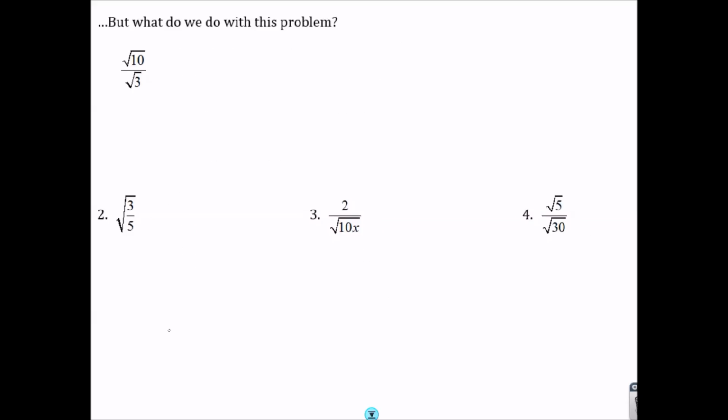But what about this problem here? We have square root of 10 divided by square root of 3. If we try to divide them, we end up with a decimal, which we just said we're not allowed to have. So in this case, we have to rationalize the denominator.